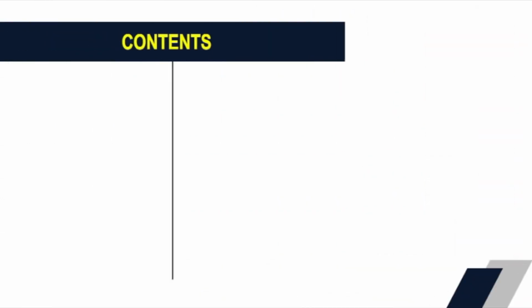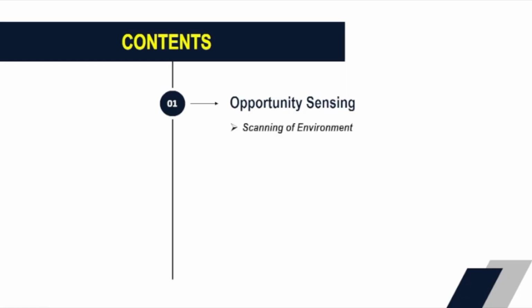This video is on opportunity identification and product selection. The contents of this presentation: first, there is opportunity sensing, how to sense the opportunity, and this has 3 sub portions. First is scanning of the environment, then idea generation, and then product or service selection, and then there is a word of caution also. Now, first, what is opportunity sensing?